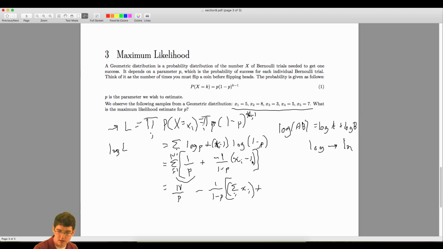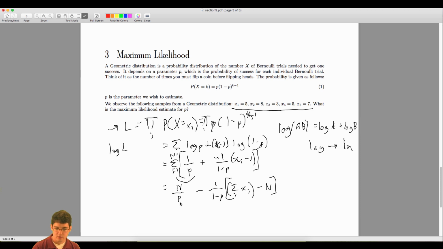And then we're just summing a bunch of 1s, so n times 1 is just n, and that'll be a minus n. All I did here is simplify what we got from the derivative, and we ended up with this.